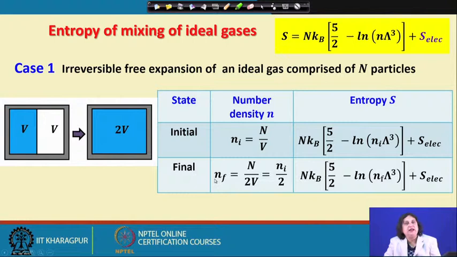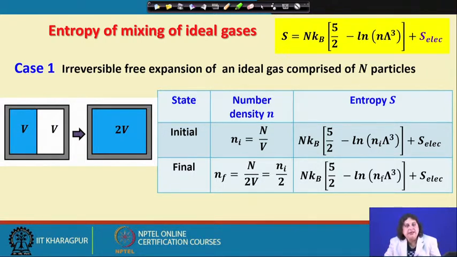Therefore, I see that the number density has halved, and if I put it back here, and since this is essentially Joule's experiment where the temperature remains constant, I can argue that the lambda values are going to remain the same, and within the temperature range that we are talking about, S electronic changes, let us assume, are going to be very, very small. Now, what do you expect?